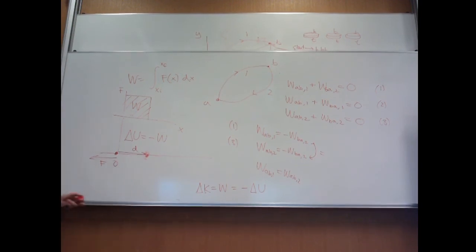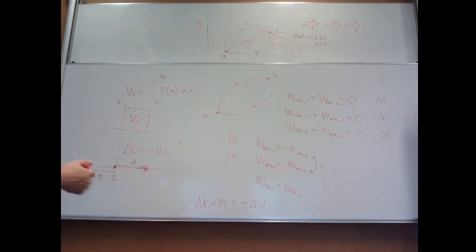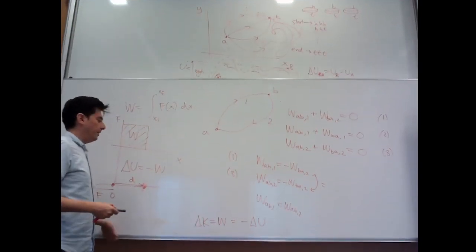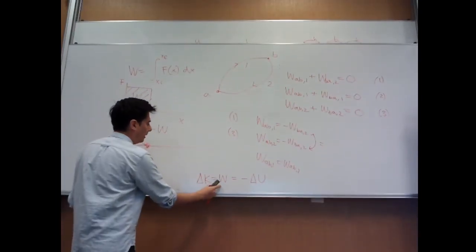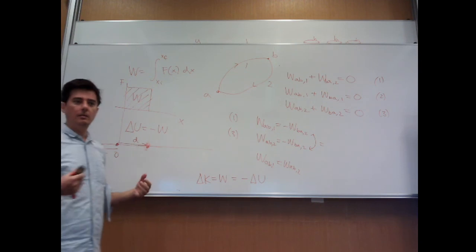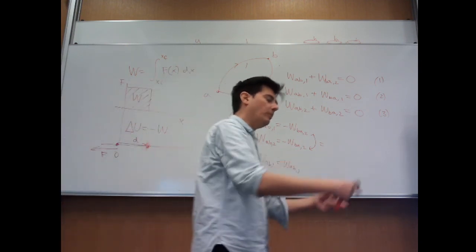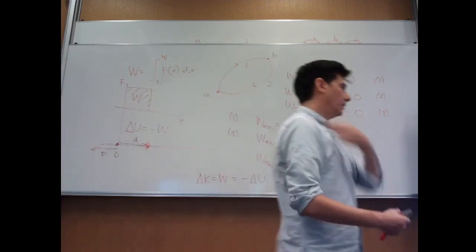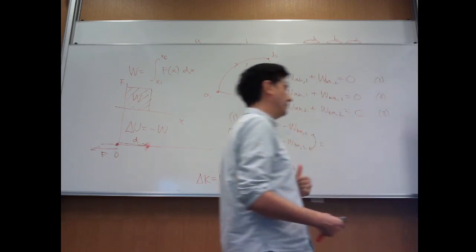So, well, from the work kinetic energy theorem, we can see that, let's say that this particle's moving this way, it is going to be losing kinetic energy, sorry. Because basically there's a force that's pulling itself back. It's going this way, but then the force is acting in the opposite direction.